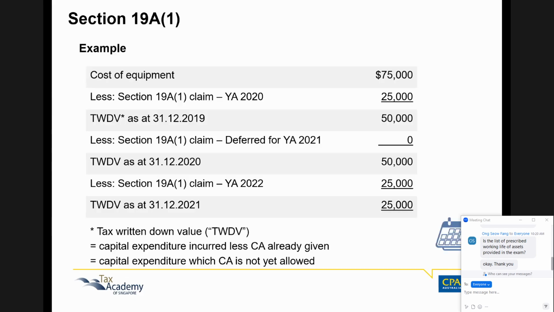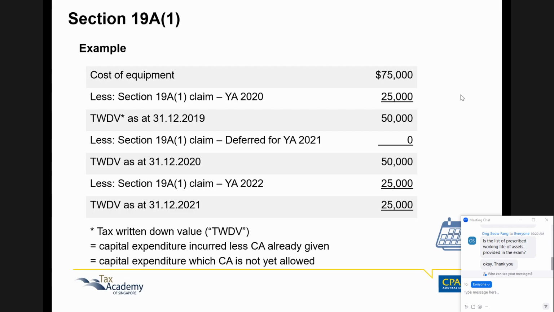So how does it work? If you look at this example, I have the cost of equipment. I assume that any other cost applicable is included, not just the pure cost: the delivery cost, the strengthening of the building cost, your COE, etc., depending. So I have the cost. Then I claim over 3 years.